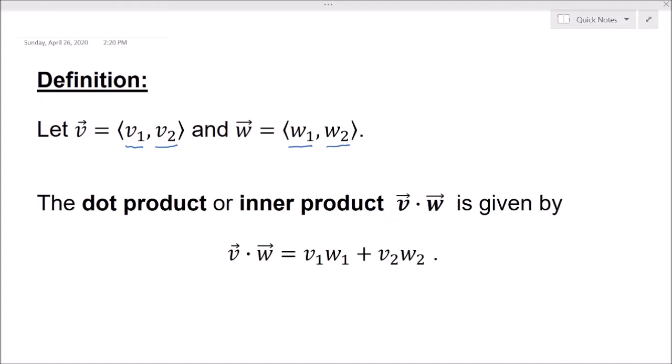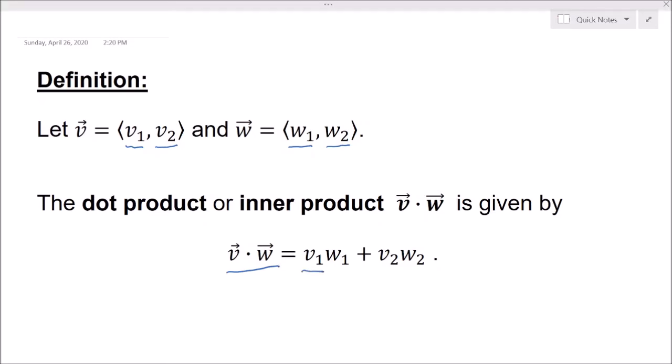So now the dot product. It says the dot product or inner product v dot w is given by v dot w equals v1 times w1 plus v2 times w2. So what is this saying? Well, what are all these letters? It's saying the product equals, as in you find it by v sub 1.